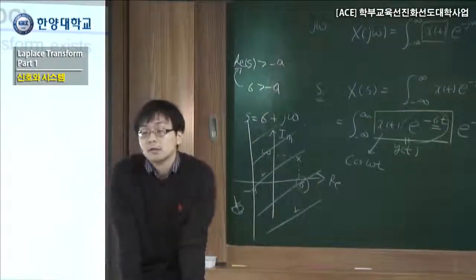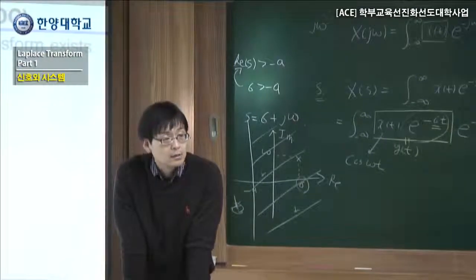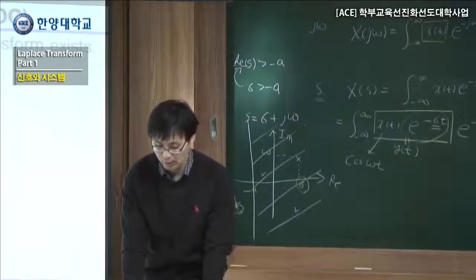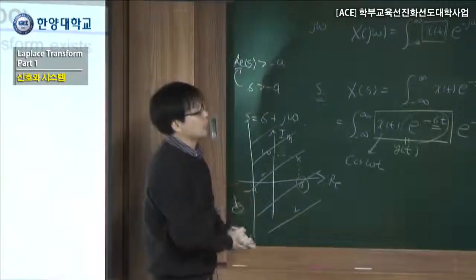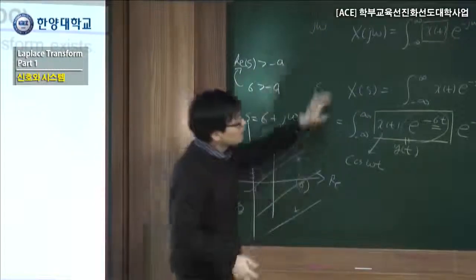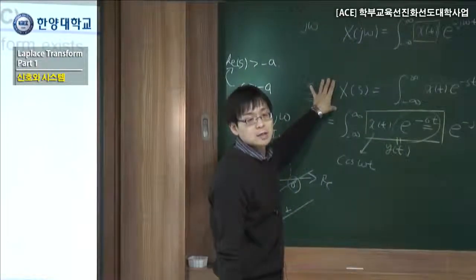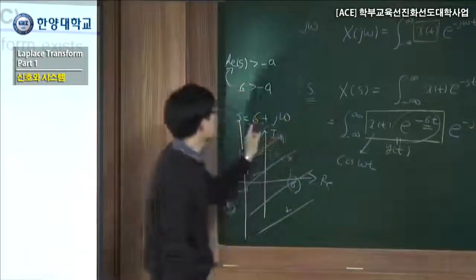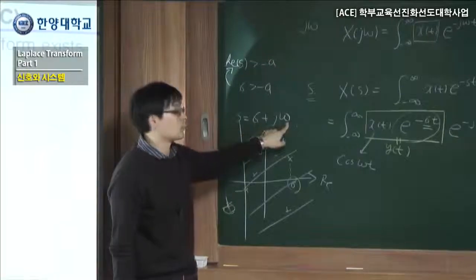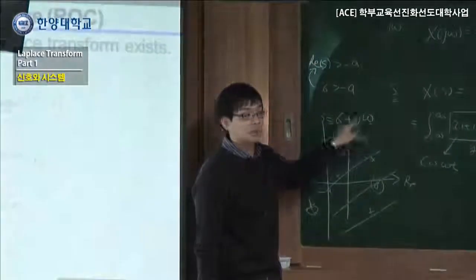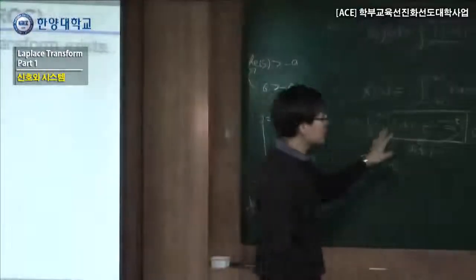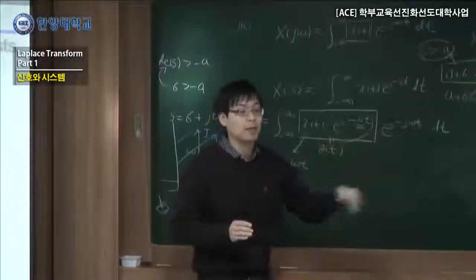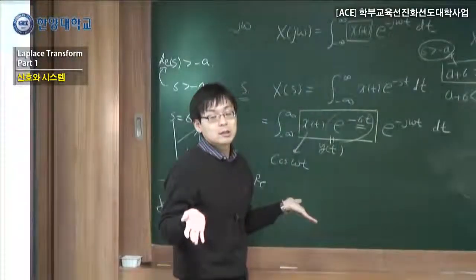Any questions so far? Wow, it's already 20. What we see here is two things. First of all, the Fourier transform and Laplace transform are quite similar, except the Laplace transform can be represented by a real part and an imaginary part. Because of it, we may have a diverging issue. This may converge to a certain value, or it may diverge to infinity.